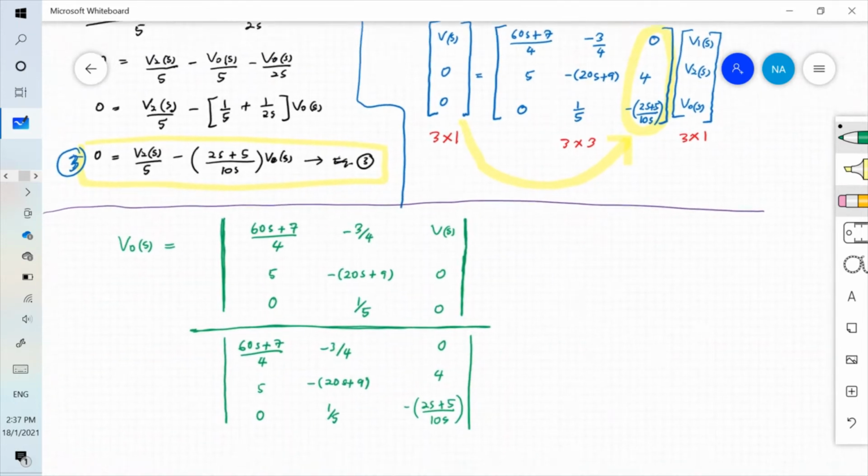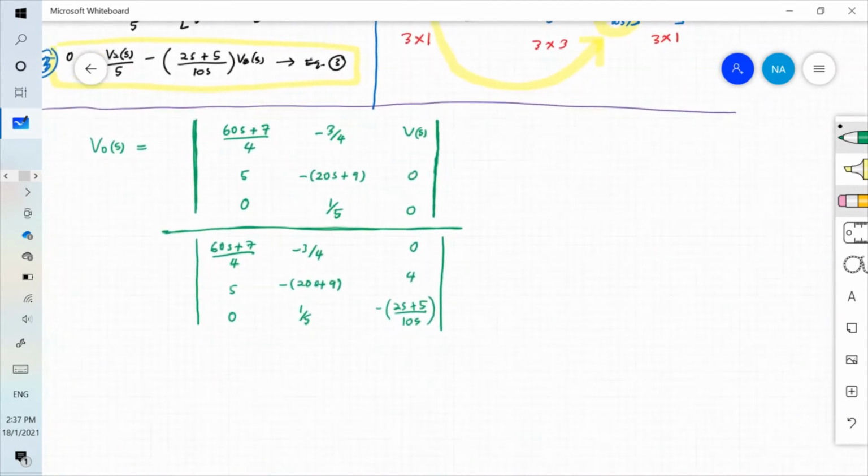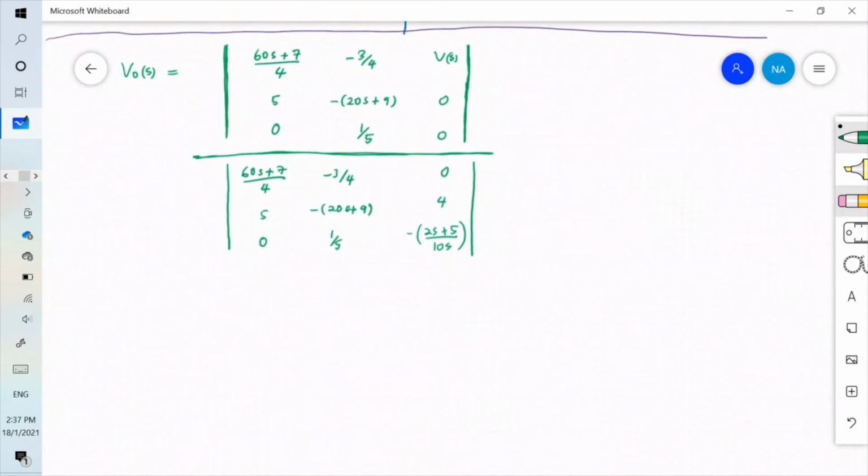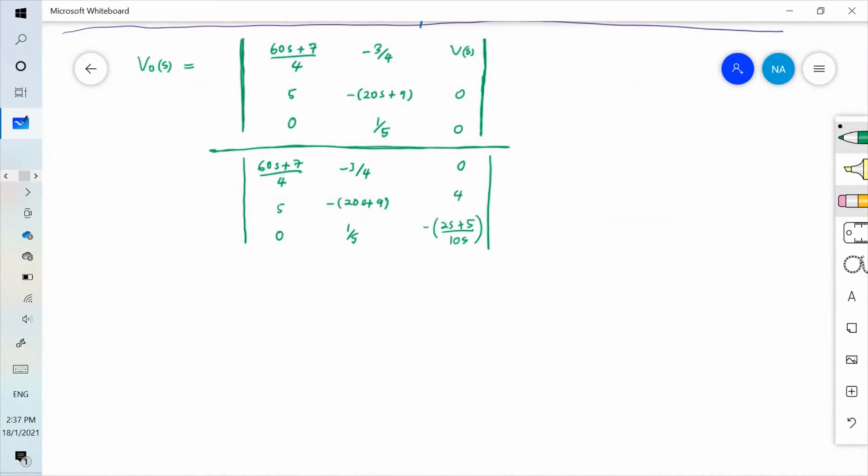Next, we want to find the determinant for the top matrix. You can choose any row that you want, so I'm going to choose my first row. You can refer to your matrix notes on how to find the determinant of a 3 by 3 matrix.